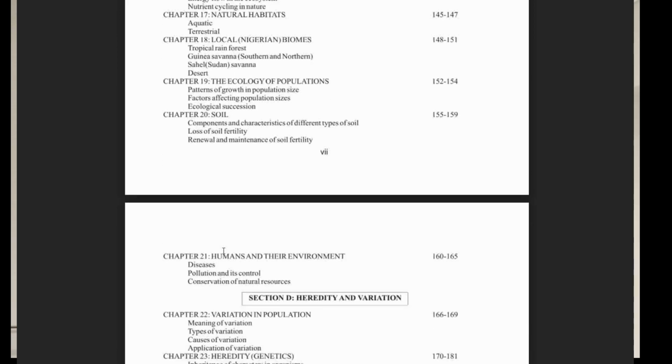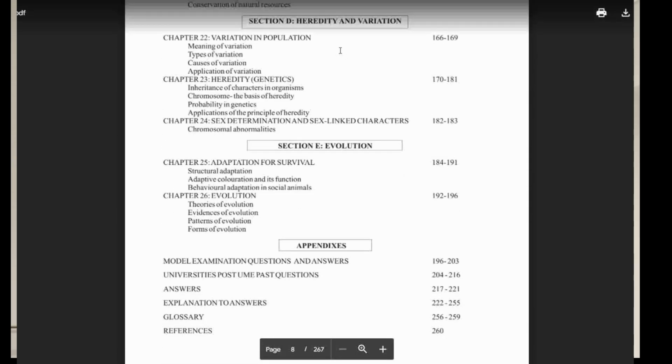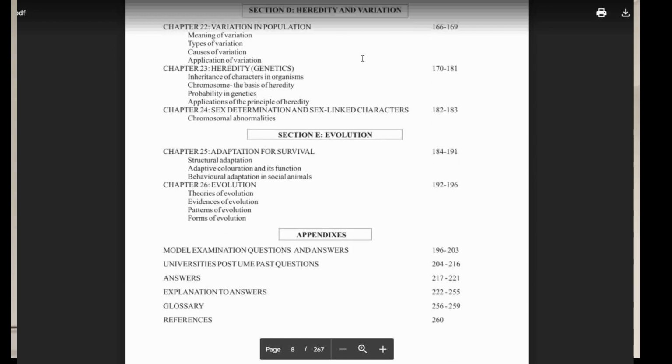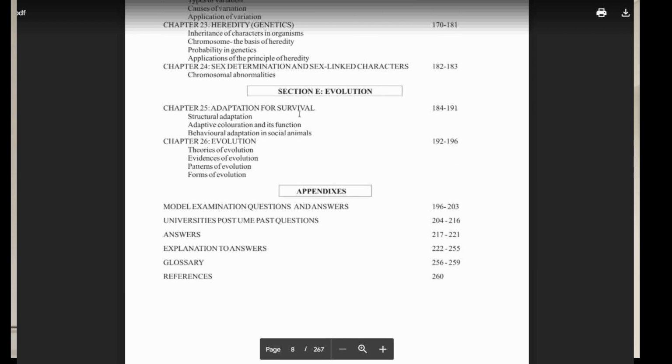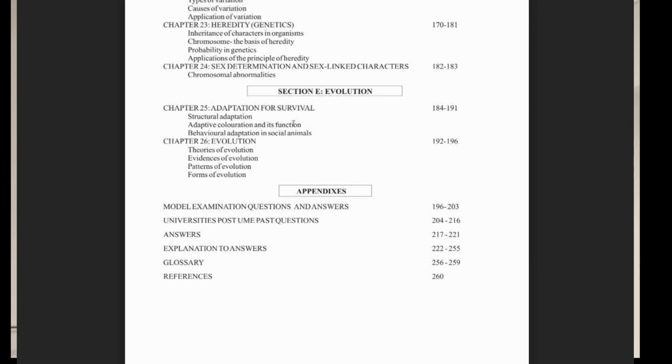Then section 4, heredity and variation, and then the last one is evolution. So what you see here is that this book provides you with a strategy from the beginning on how to go about your exam preparation.